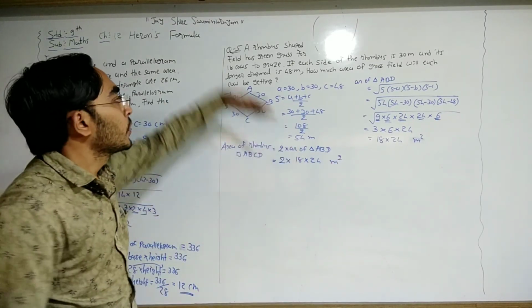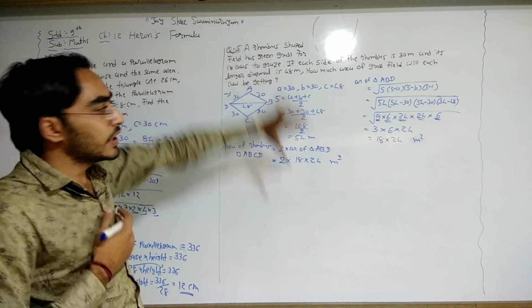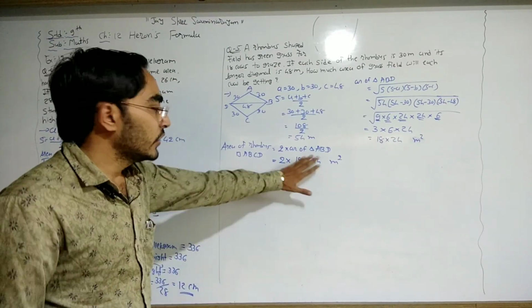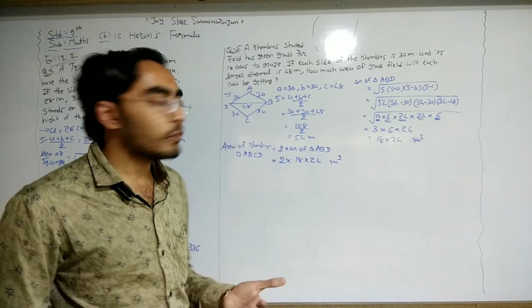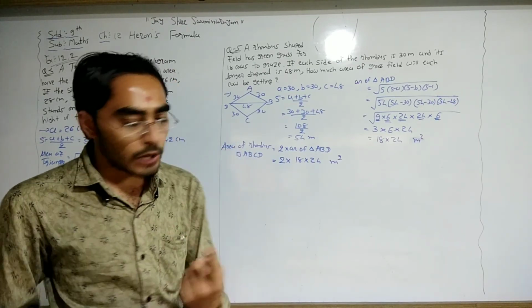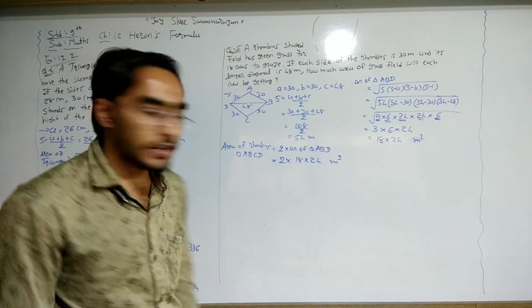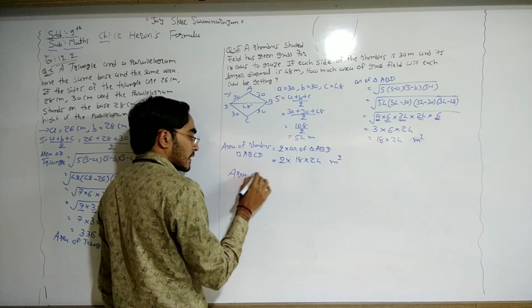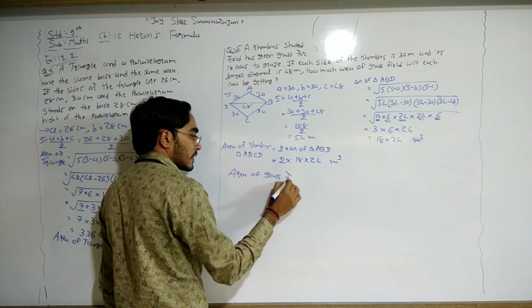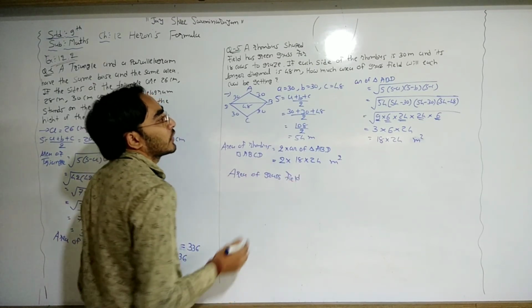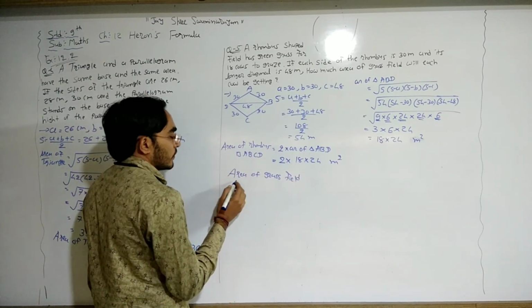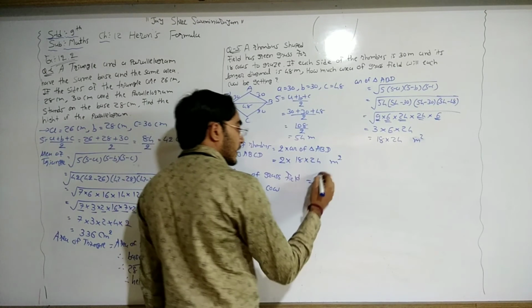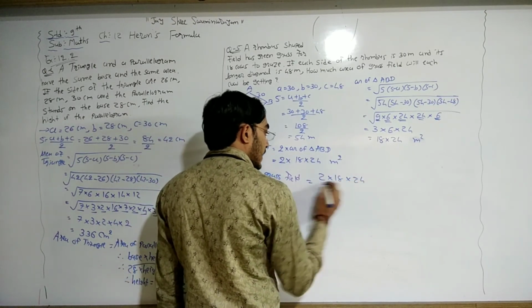Now this area is for 18 cows. We need to find the area for one cow only, so we need to divide this area by 18. So the area of the grass field for each cow is equal to this area divided by 18.